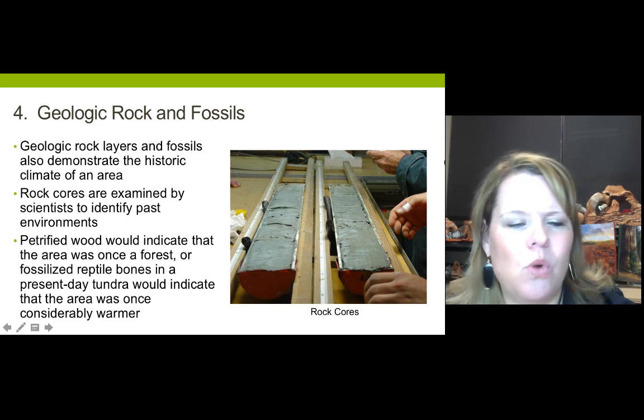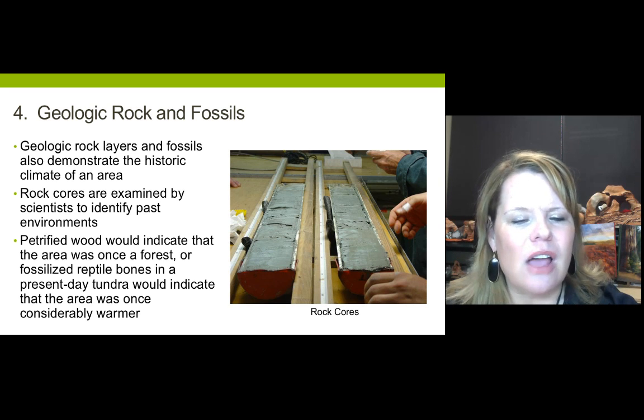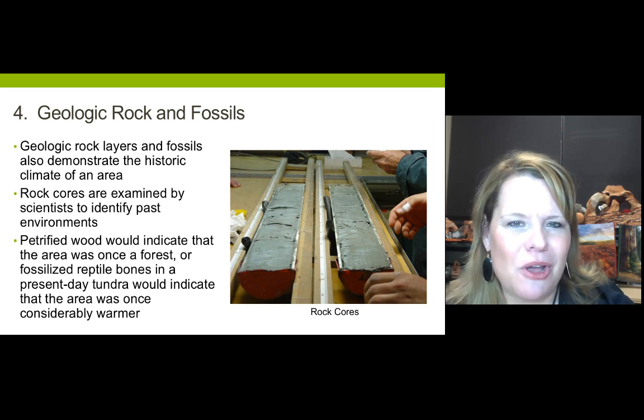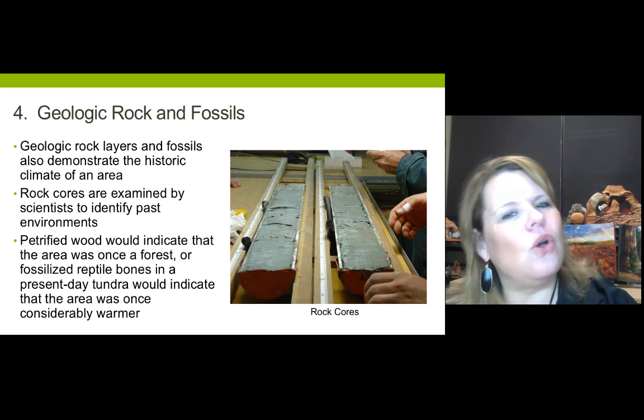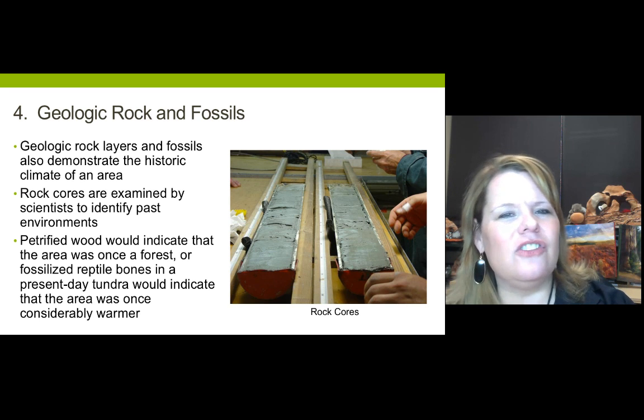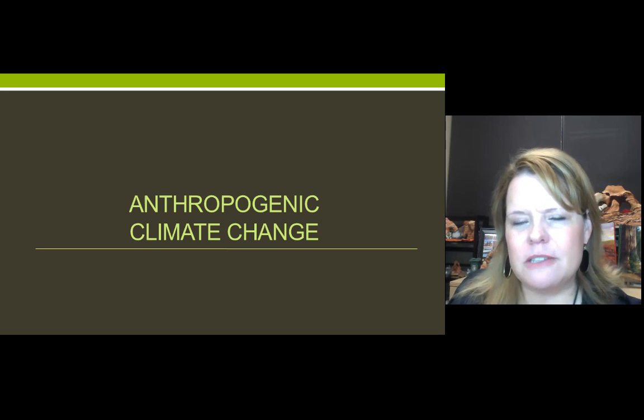So petrified wood would indicate that the area was once a forest, or fossilized reptile bones, if you found them in a core sample, could indicate a possible present-day tundra. So if you're looking at these, you can start to determine if an area was once considerably warmer or cooler simply by looking at the sediments.